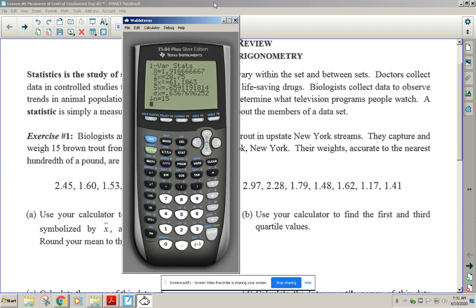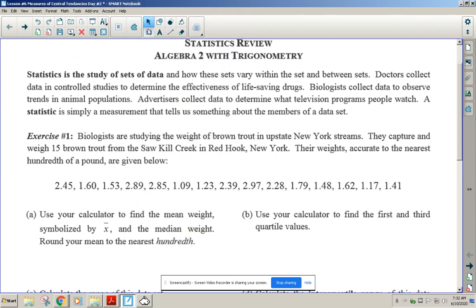So that's one of the things that we now have to write. The mean is 1.97.